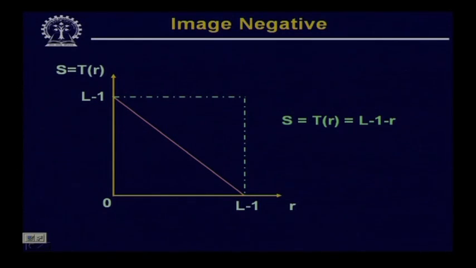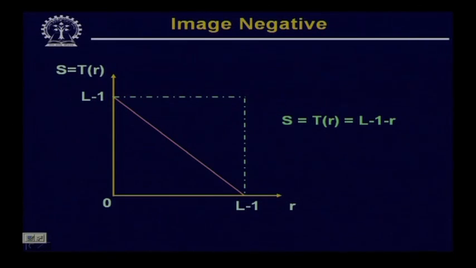Along the horizontal axis we have put the intensity values or gray level values of the input image, and along the vertical axis we have put the intensity values of the processed image. The corresponding transformation function T can be represented as S is equal to T of R, which is nothing but L minus 1 minus R.